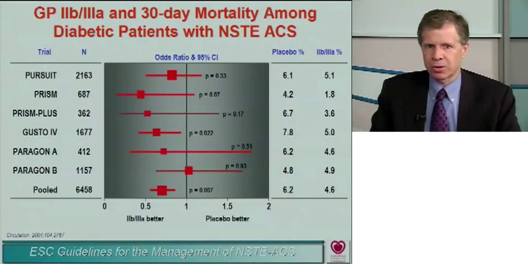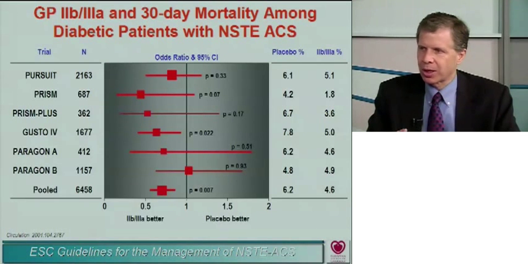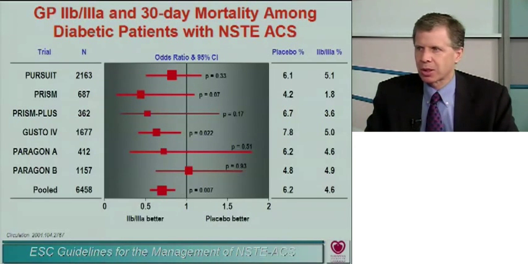With respect to 2B3A inhibitors, there was a sense that diabetes is a state in which the platelet is more activated, and we know that's true. The inflammatory markers are more intense, and this may be a particularly appealing population to use glycoprotein 2B3A antagonists.